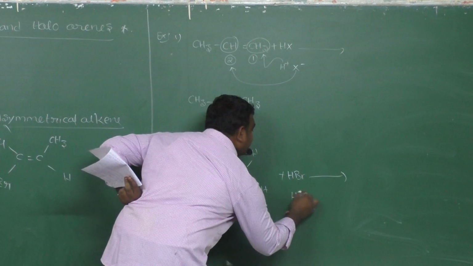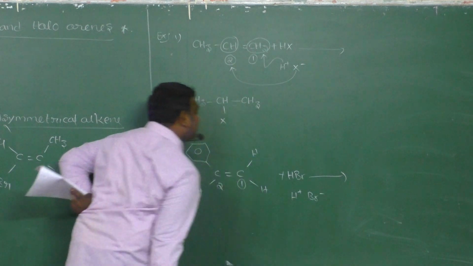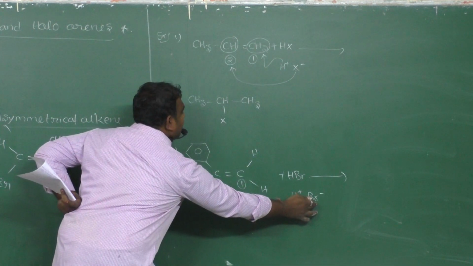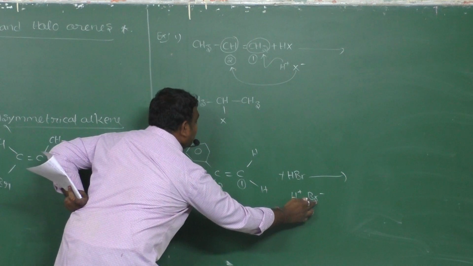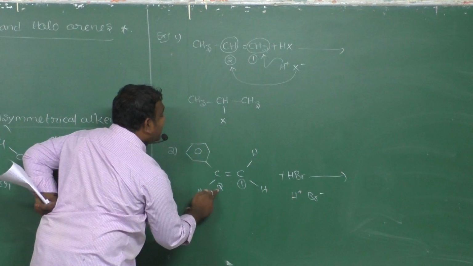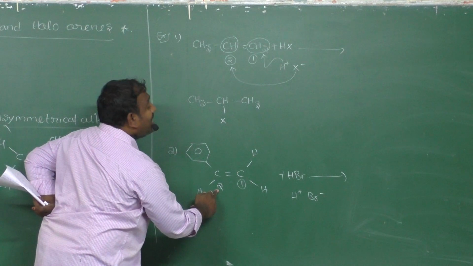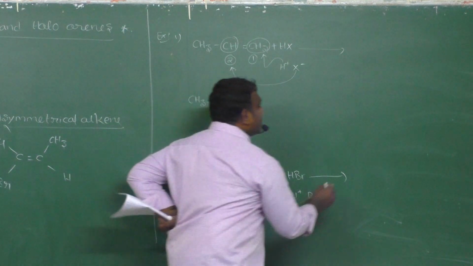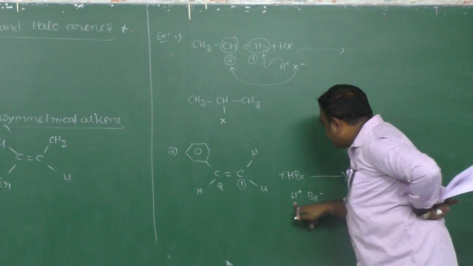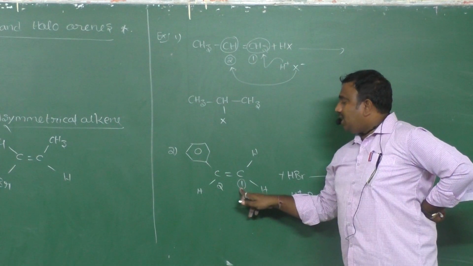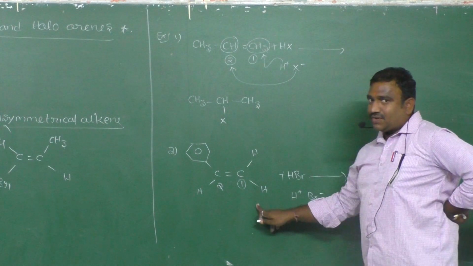On ionization, HBr ionizes as H plus and Br minus. Here, the negative part of the reagent, the bromide ion, is added to the second carbon having fewer hydrogens, and hydrogen is added to the first carbon having more hydrogens.